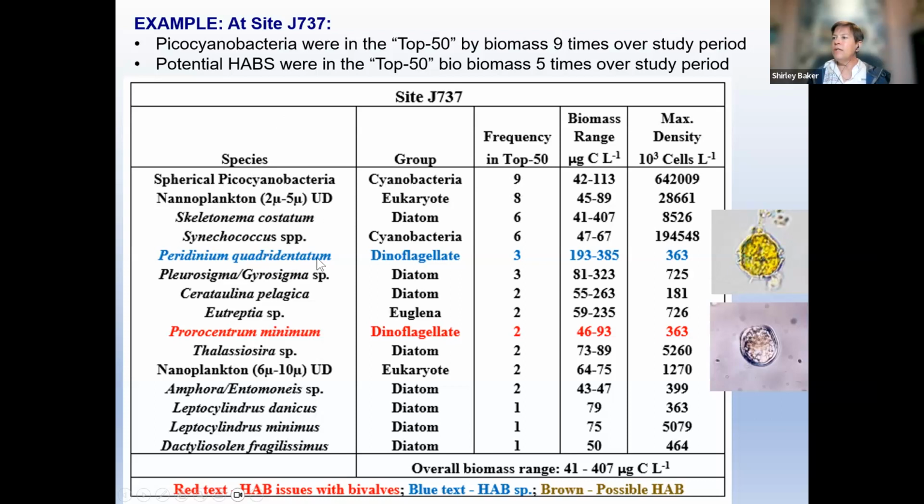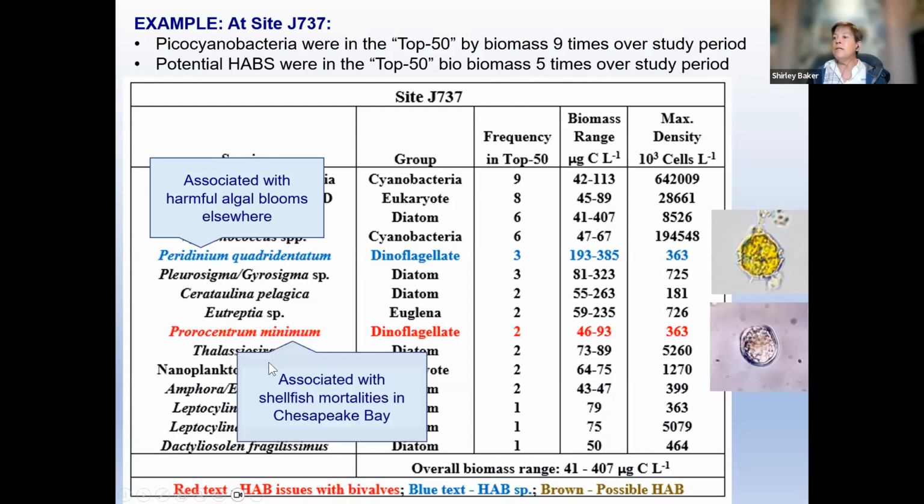We also see that there were some potential harmful algal bloom species that occurred in the top 50 biomass 5 times over the study period. This one, Peridinium, has been associated with harmful algal blooms in other locations, and Prorocentrum has been associated with shellfish mortalities in Chesapeake Bay.